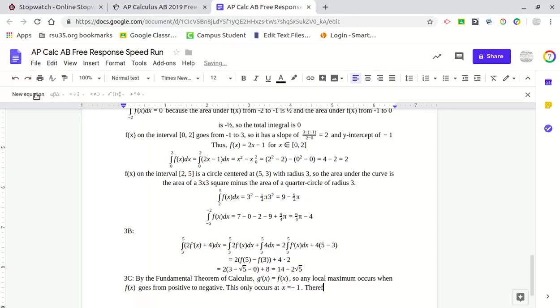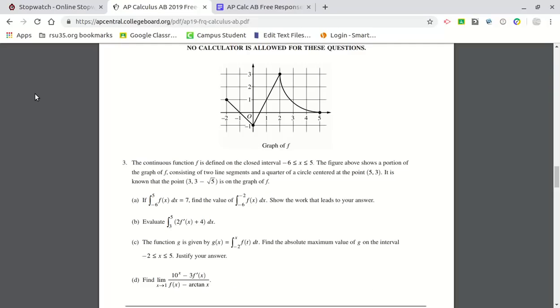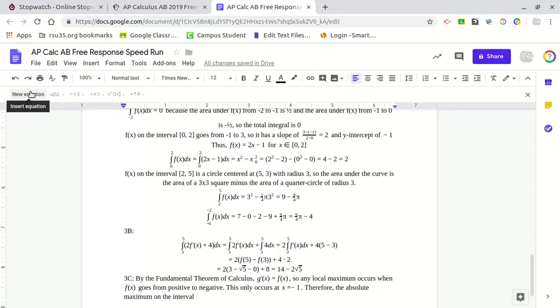Therefore, the absolute maximum on the interval -2, 5 is either at x equals -2, x equals 1, or x equals 5. Endpoints are very important. Don't forget the endpoints.